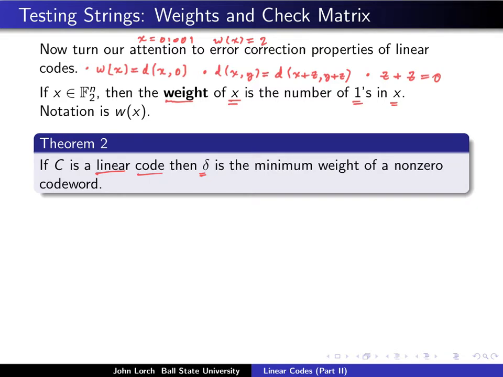So let's see how that plays out. Well, delta is the minimum distance between distinct code words, so it must be achieved by some pair of code words. So let c and c prime be in our code C, with delta being equal to the Hamming distance between c and c prime.